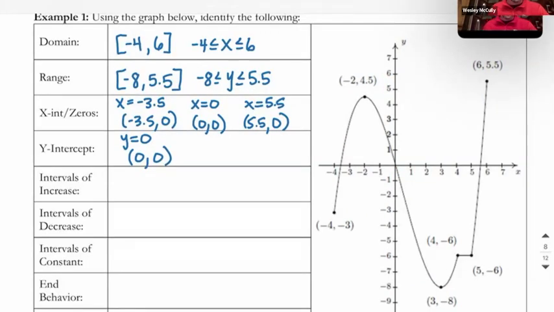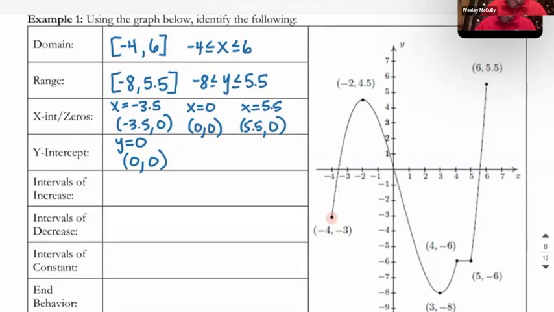Okay, so I want to find the intervals of increase, decrease, and constant. So I'm going to start right here at the far left point, (-4, -3), as far left as I can go, because when I'm finding intervals of increasing, decreasing and constant, I want to work from my left to my right. As I go on the curve to my right, you can see that the curve is increasing from (-4, -3) all the way to (-2, 4.5).